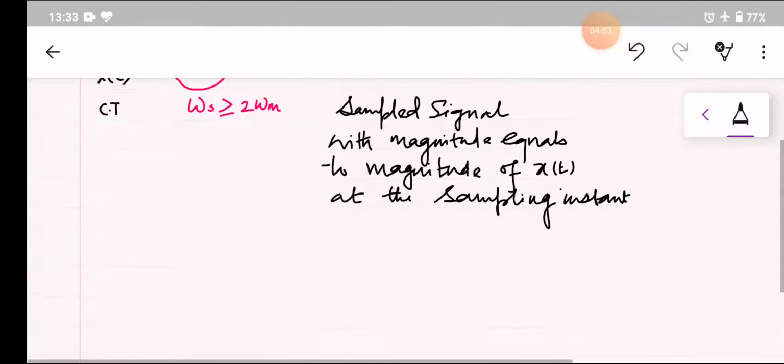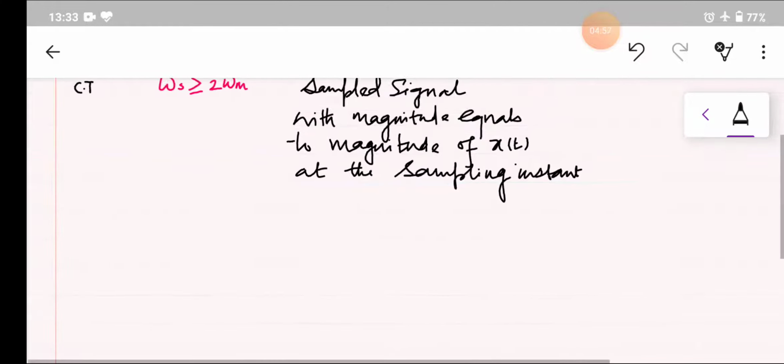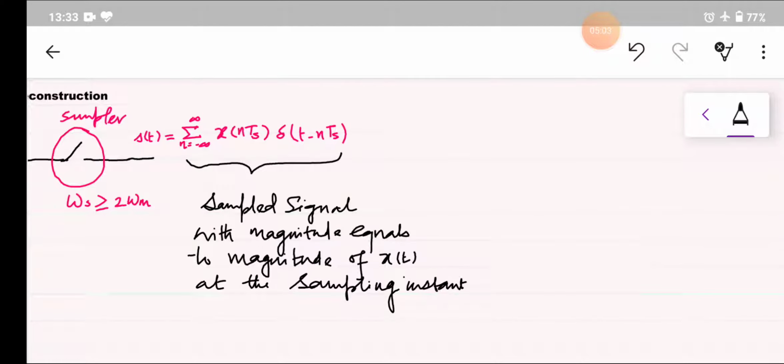Now what if we wanted to reconstruct our signal x(t) back again?